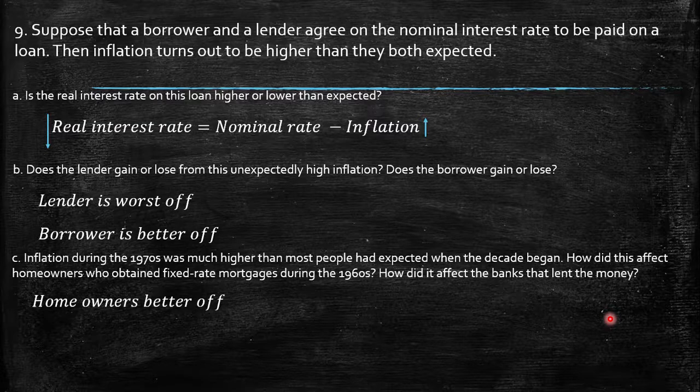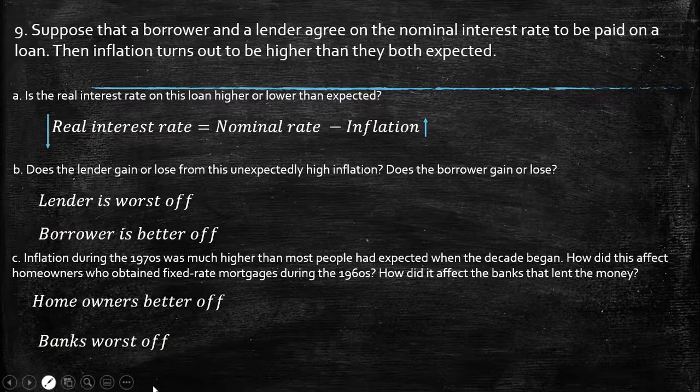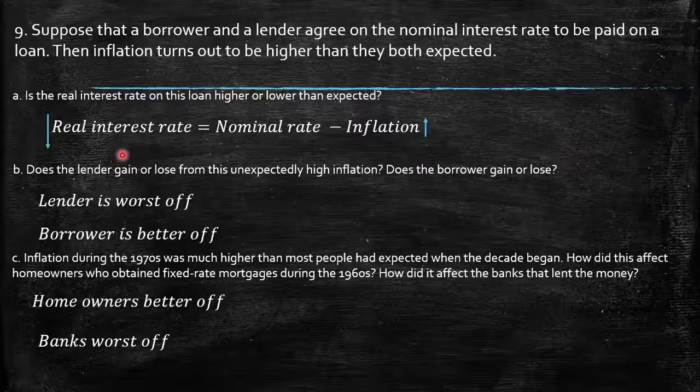So naturally the homeowners are better off because this rate was fixed, which is called the nominal rate, and the inflation was higher than expected, so the real interest rate the homeowners were paying was lower. Contrary is the case of the banks, because they are receiving a lower real interest rate.